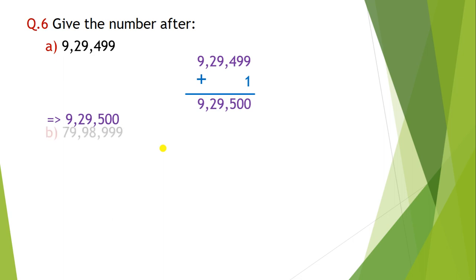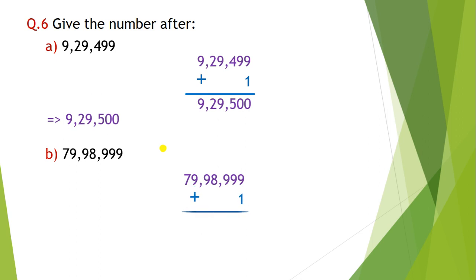Let's take another example. 79,98,999. To find the successor, we need to add 1 to the given number. After adding 1, we will get the number 79,99,000. This way, we can find the number after.